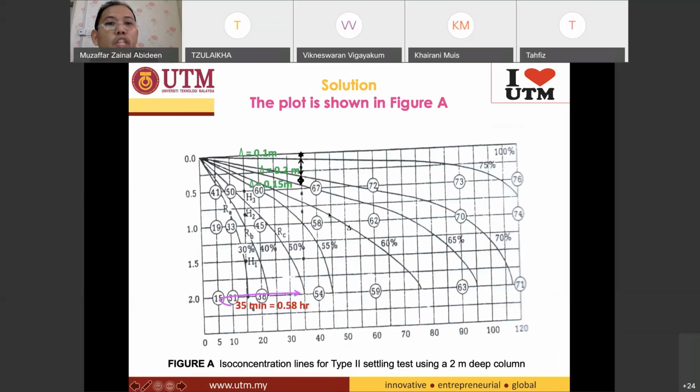Delta H4 now, and that height is actually 0.25.